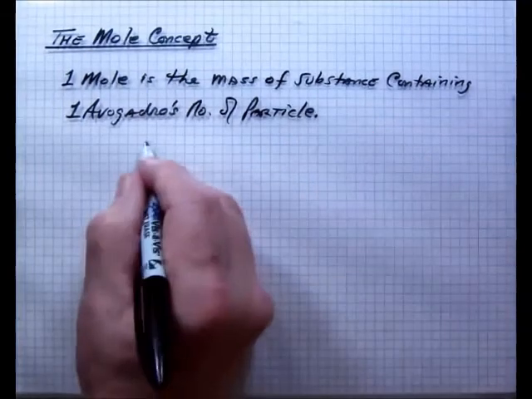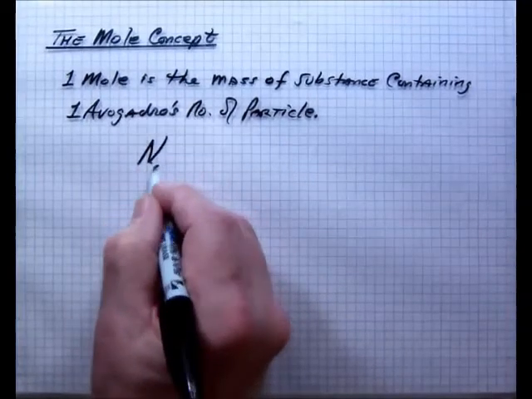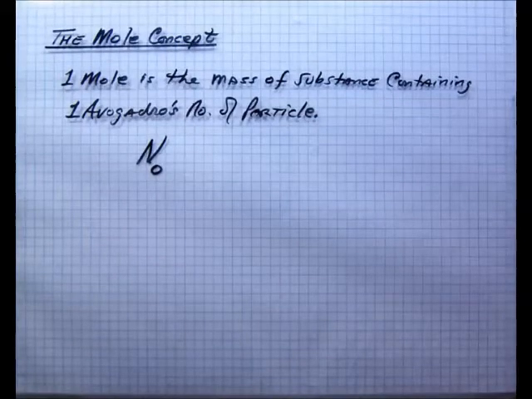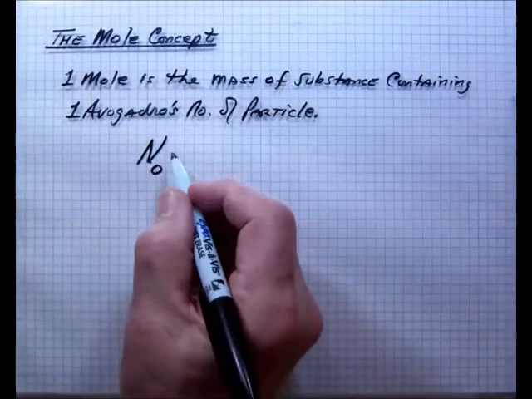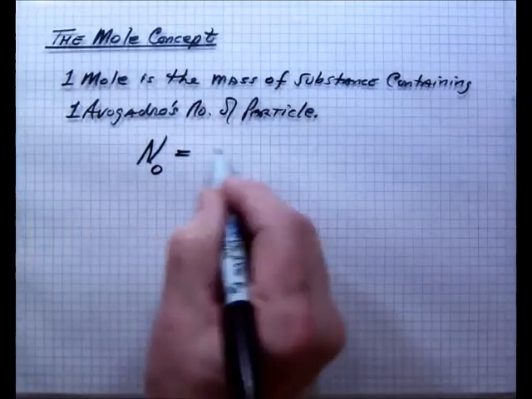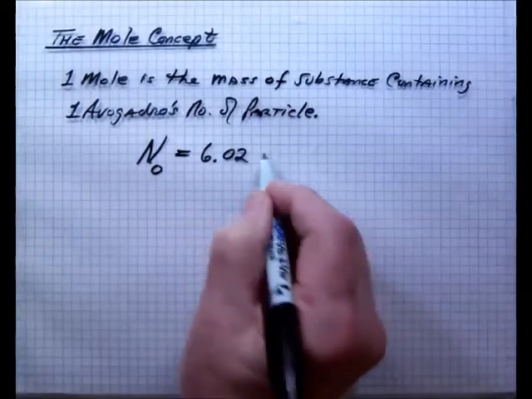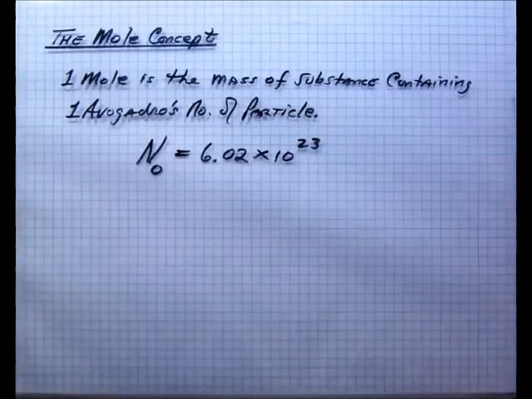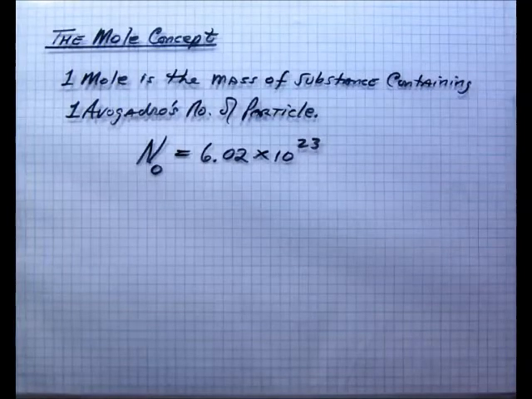That is, Avogadro's number, which is usually script N or capital N with a subscript 0, as I'm showing you here, is equal to 6.02 times 10 to the 23rd units, particles, items, however you wish to look at it.